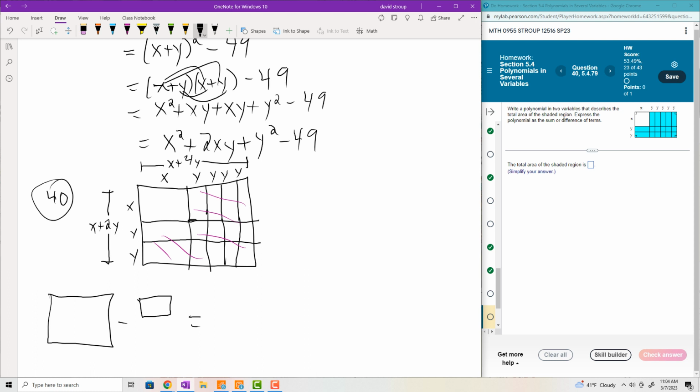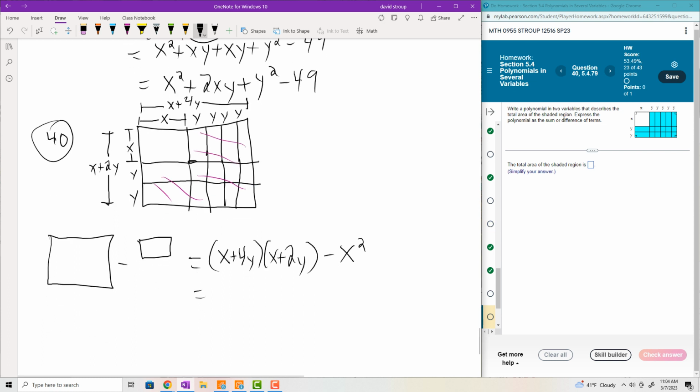Okay. So the area of the big box is going to be x plus 4y times x plus 2y. And then the area of the little box, well, that's easy. It's just length times width, and in each case, it's just x. So it'll be minus x times x, which is x squared. Okay. So FOIL out: x times x is x squared.